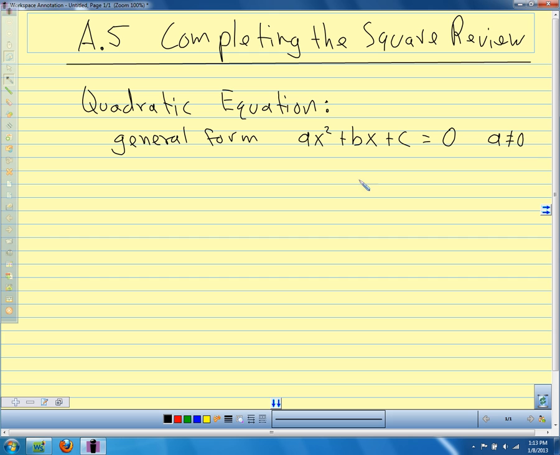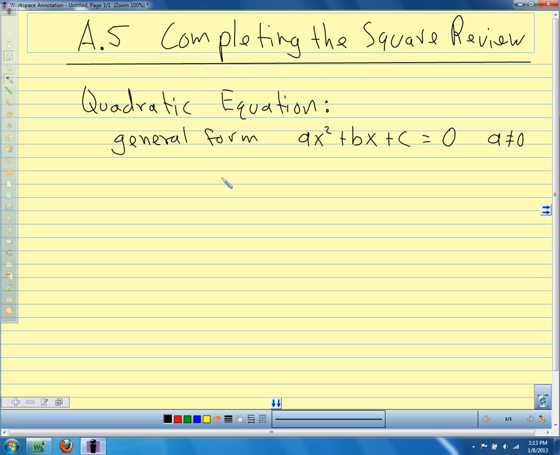And for this, we don't want a equals 0, because if a is 0, then it's actually not a quadratic equation. Then it's a linear equation. So for a quadratic equation, we have everything on one side and a 0 on the other. I've said that so many times to my geometry students in the last semester. To solve a quadratic equation, we want everything on one side and a 0 on the other.